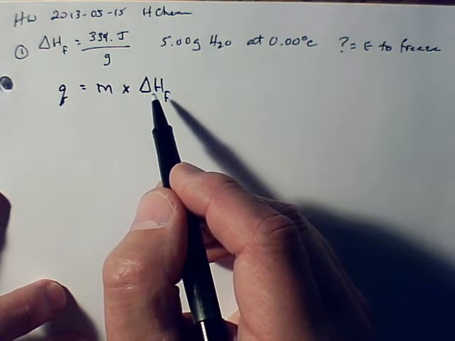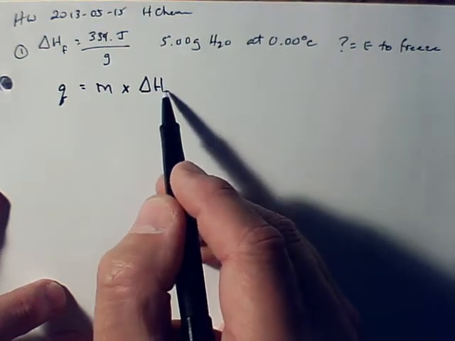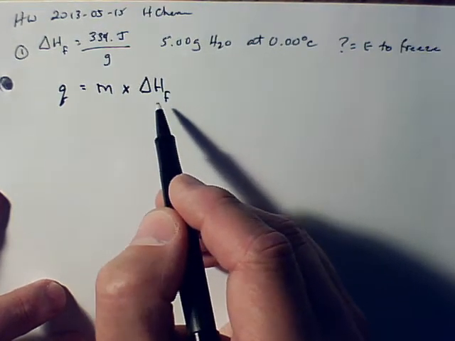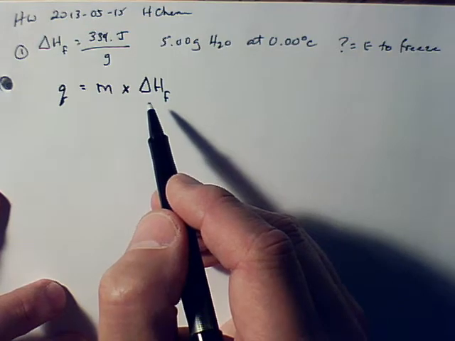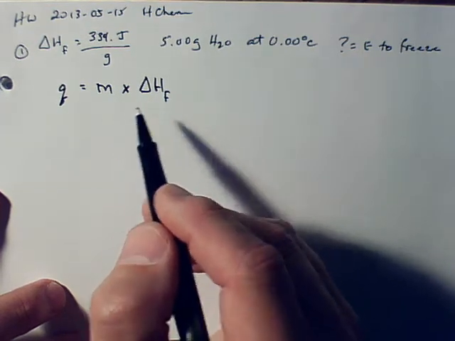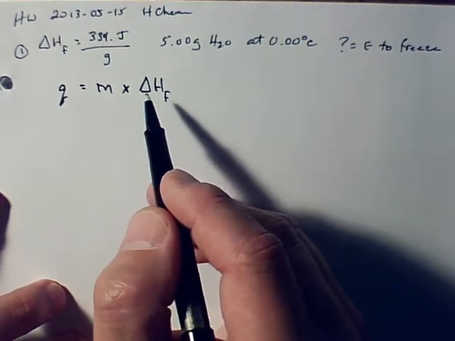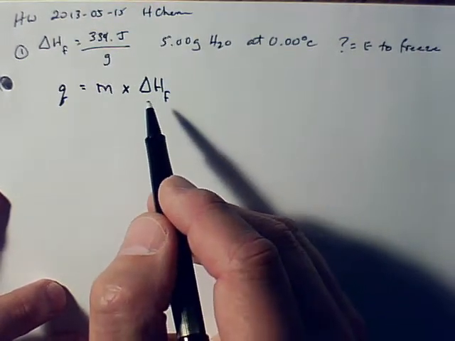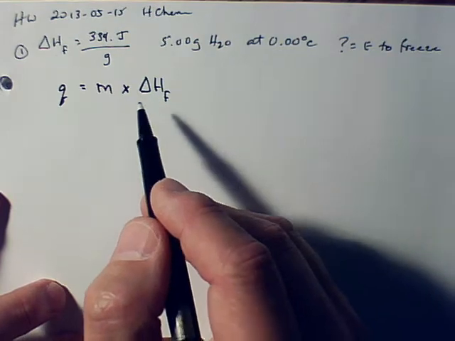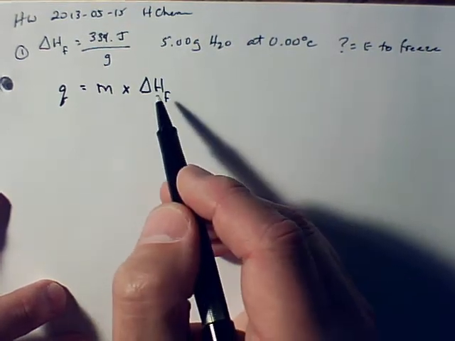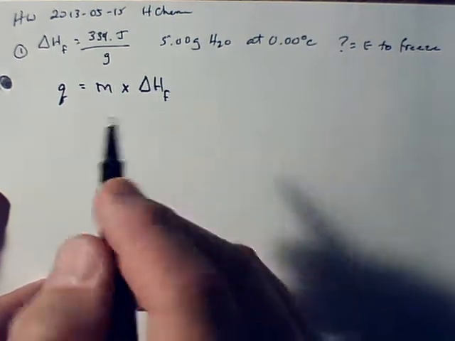You have a specific heat for each physical state. You also have an enthalpy for the 2 different state changes, going from solid to liquid, liquid to solid. Either way, it's the same number. And a separate enthalpy going from liquid to gas or gas to liquid. So all we have to do is plug in the values here. I kind of made it really, really simple.